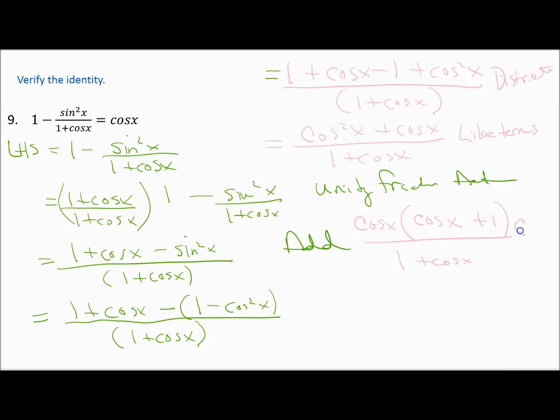So again, greatest common factor. Now, this cosine of x plus 1 cancels with this cosine of x plus 1 to leave me with that lonely cosine of x. It seemed elusive there for a minute, but there it is. We've got it. And what's my explanation here? I cancel common factors. So I'm just going to put cancel. And we are finished with that proof.